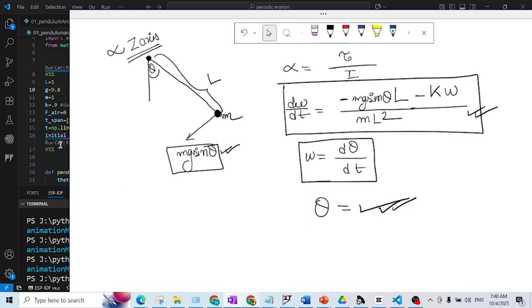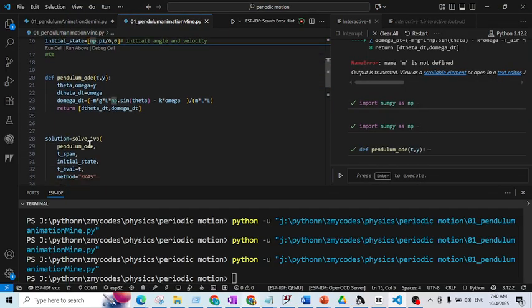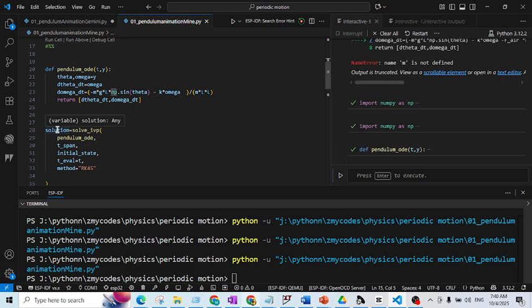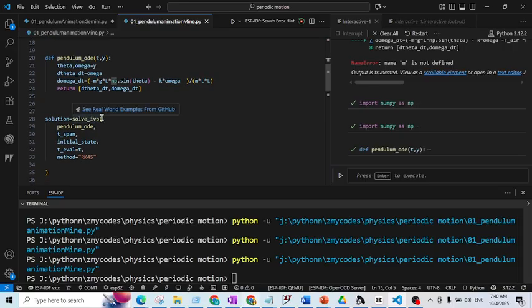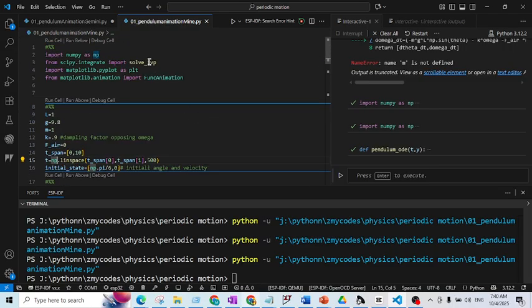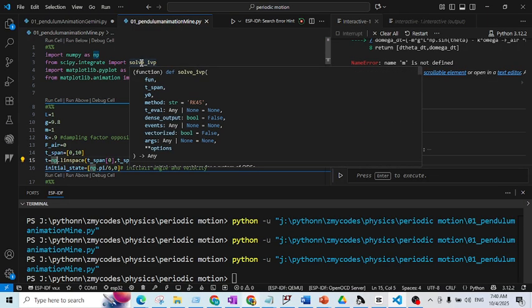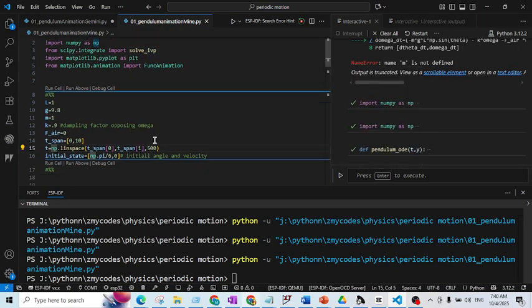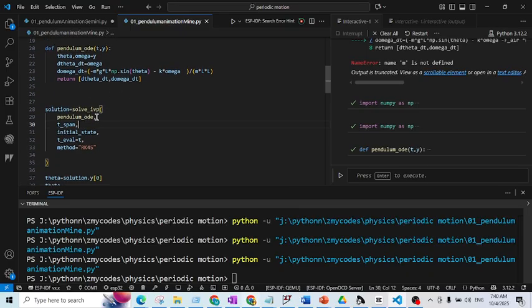Now we have to find theta. So how can we do this? First of all, I have to make a solution variable, and this is solve_ivp. This is the function inside scipy.integrate, and it takes pendulum ODE.